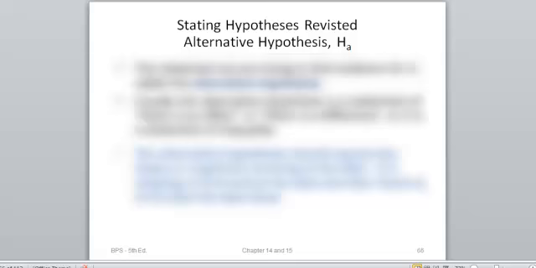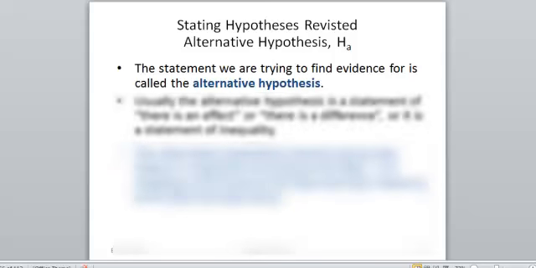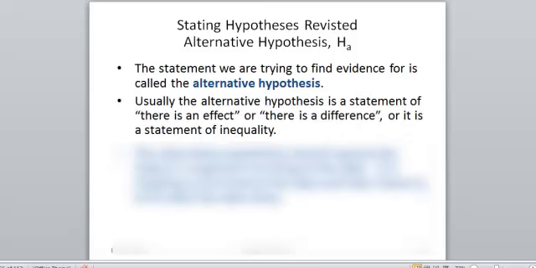So let's look at stating the hypothesis when we look at the alternative hypothesis. The statement we are trying to find evidence for is called the alternative hypothesis. Usually, the alternative hypothesis is a statement that there is an effect, or there is a difference, or it is a statement of inequality.